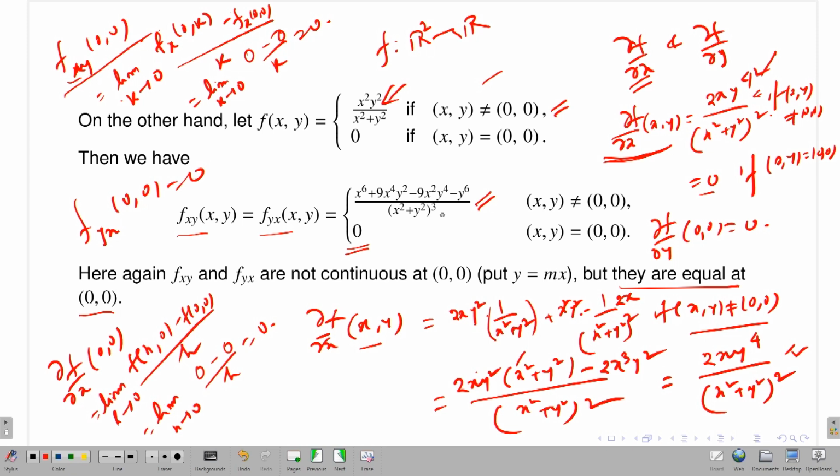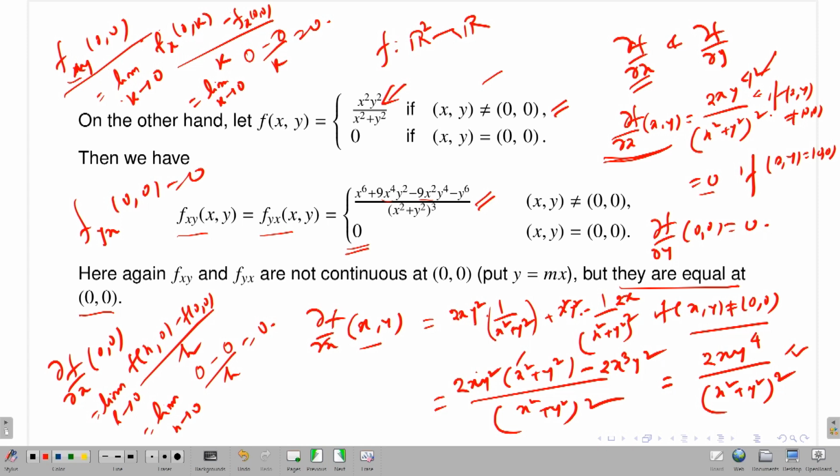Look again at the quotients. Again in the numerator you will have highest degree 6: x to the power 6, then x^4 y^2, 4 plus 2 is 6, x^2 y^4. Again, if I want to talk about the continuity of f suffix xy and f suffix yx at the origin, it is just the same argument: you come to the origin in two directions.